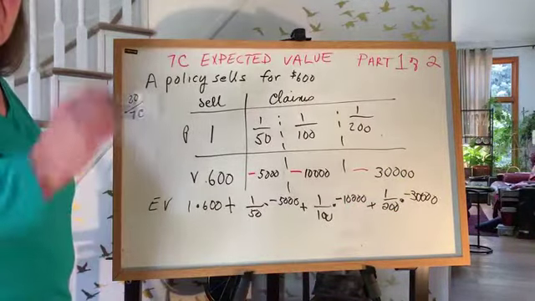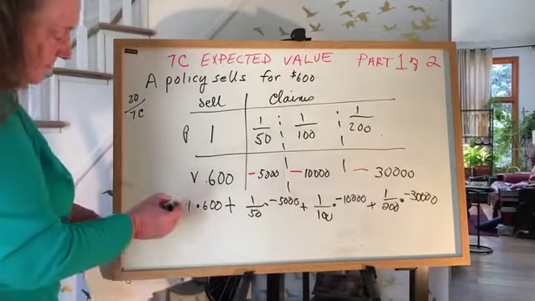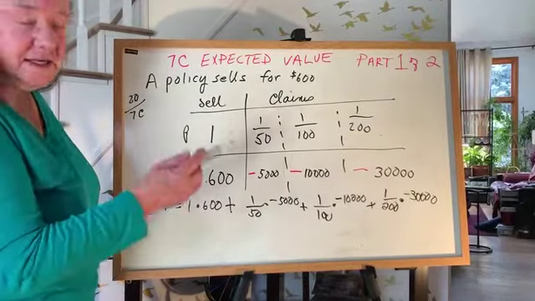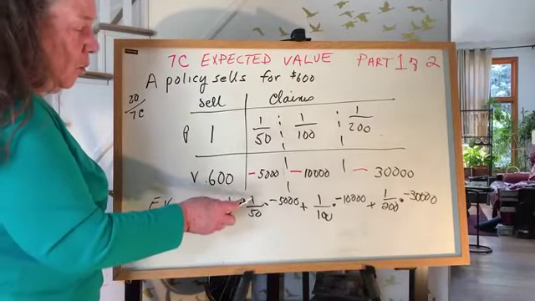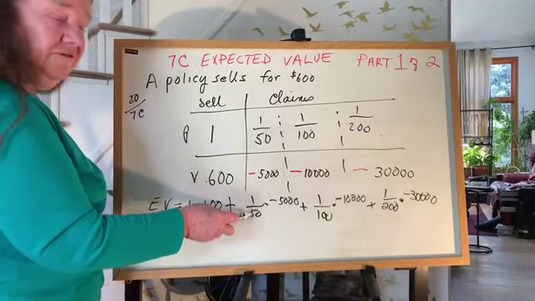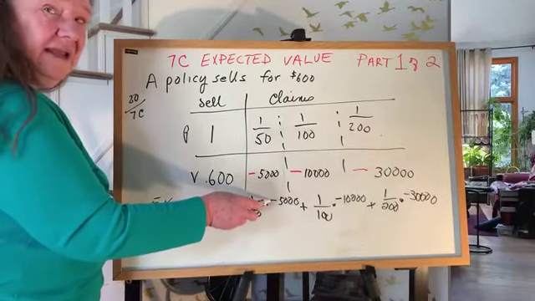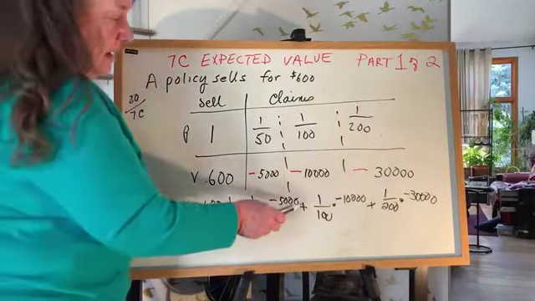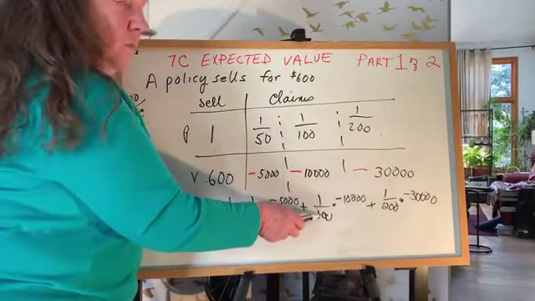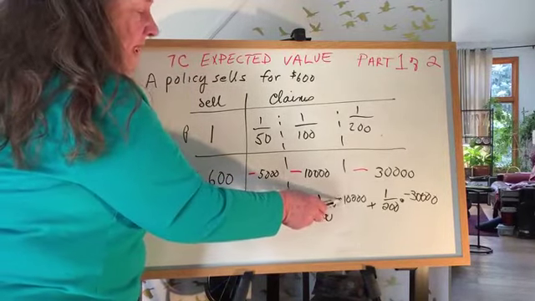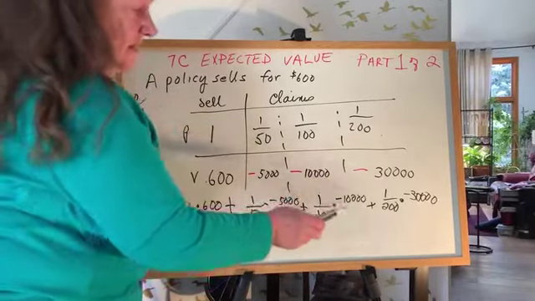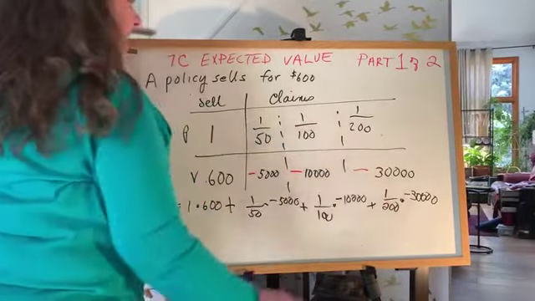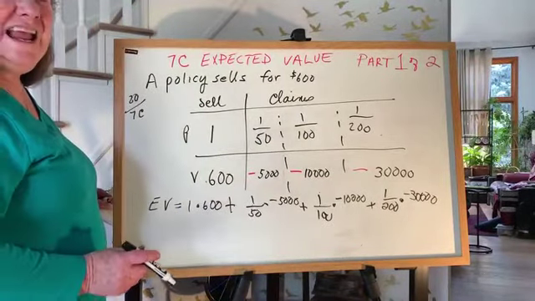Okay, you're going to take your calculator now. 1 times 600 is 600 plus 1 divide 50 times negative at the bottom of your calculator times 5,000 plus 1 divide 100 times negative 10,000 plus 1 divide 200 times negative 30,000.